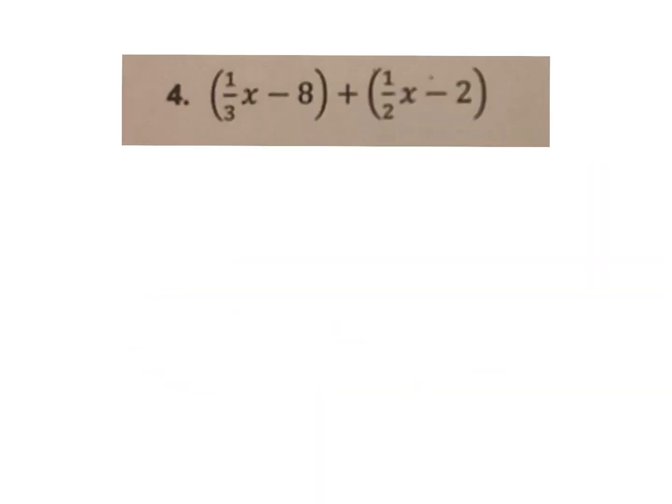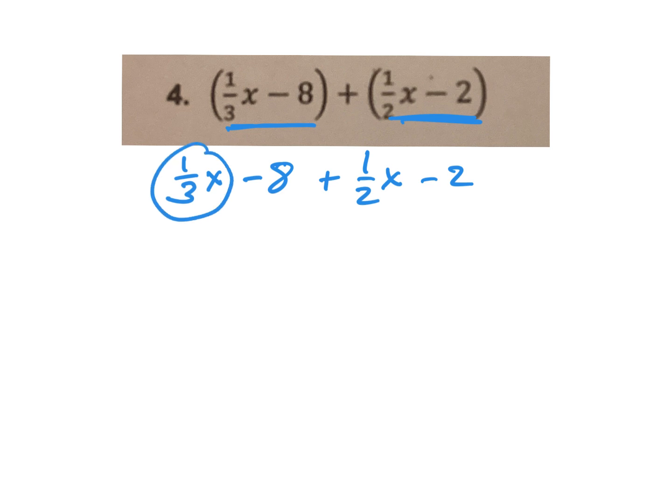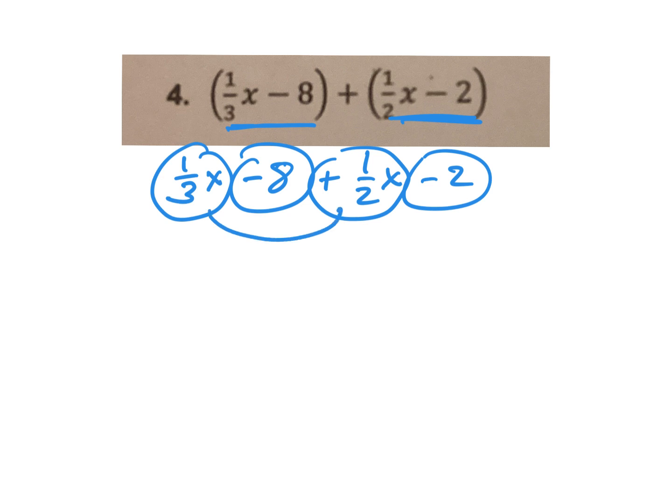All right, number 4. Here's where we're adding linear expressions. And I see that there's nothing we can do in there. You can't put those together because they're not like terms, and you can't put those together. So then basically you just have 1/3 x minus 8 plus 1/2 x minus 2. And I have 4 terms here, and I need to simplify it. So I'm going to put my x's together.